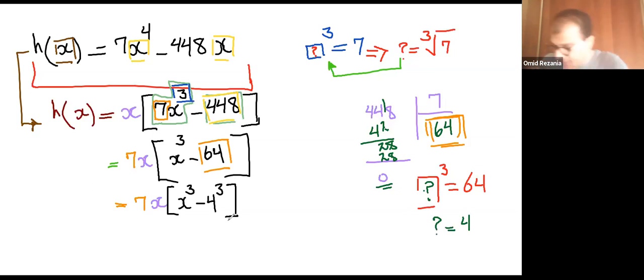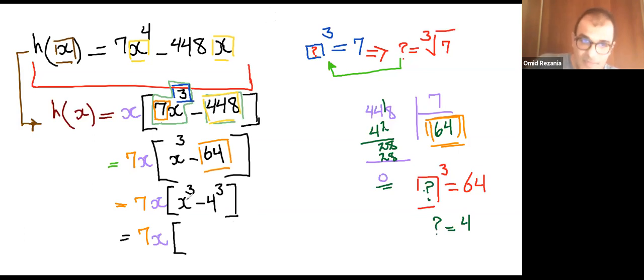And I think I should be fine at this stage because I do not need to go further. I have the full expression now, with 7 times x factored outside. It's going to be my 7, and my x, and I have inside the parentheses something where everything is cubed.